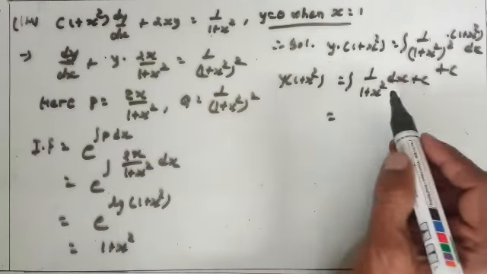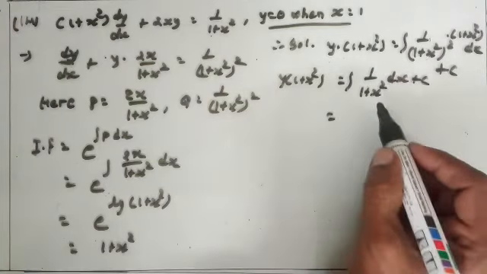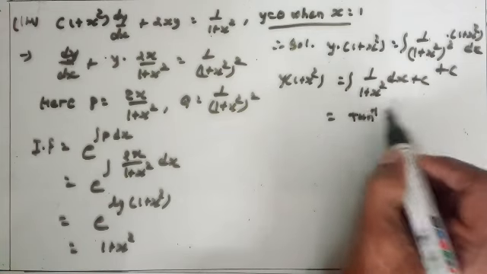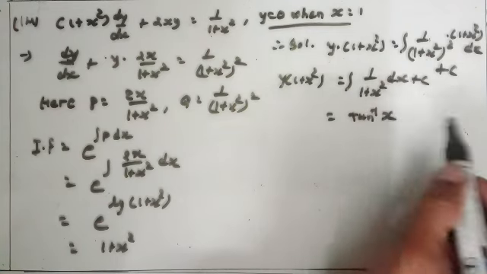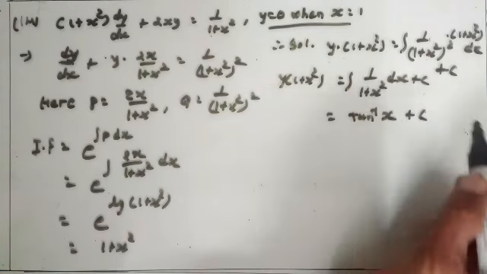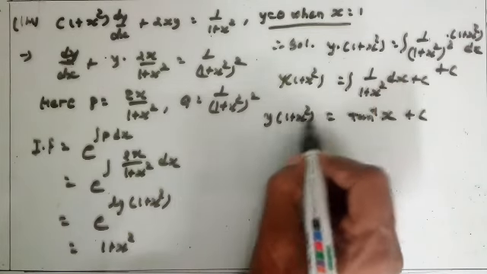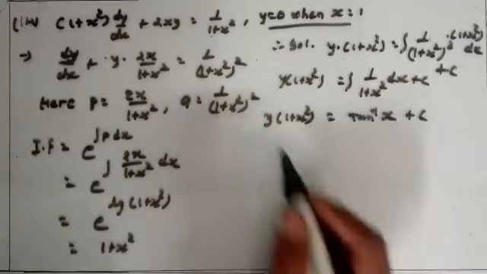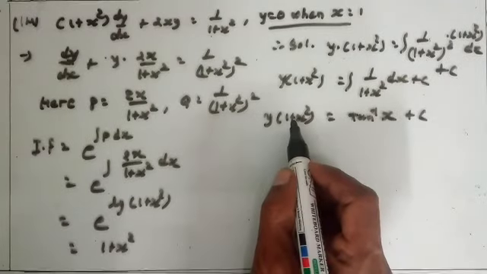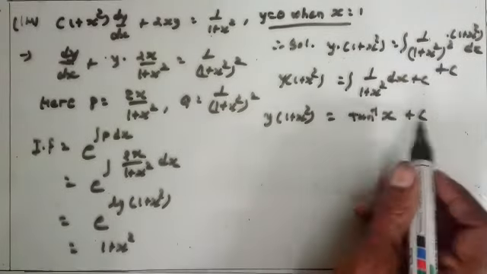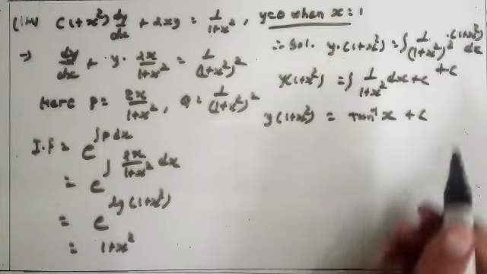And the integration of this, we know that 1 upon (1 plus x square) integrates to tan inverse x, plus c. So y into (1 plus x square) is equal to tan inverse x plus c, which becomes the general solution.